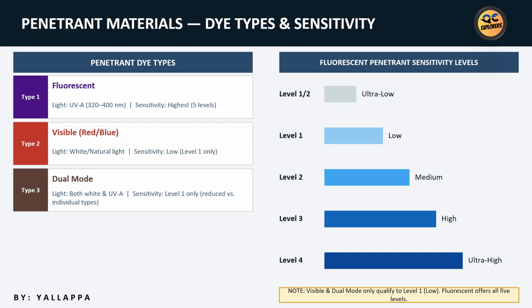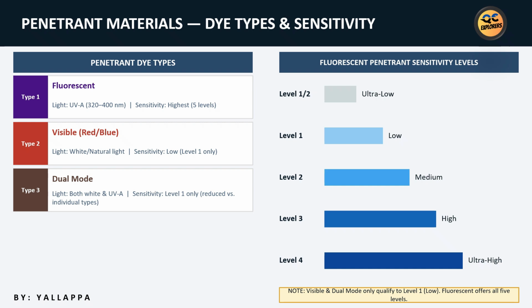Fluorescent penetrants can detect extremely fine discontinuities because the human eye is very sensitive to yellowish-green fluorescence under dark conditions. Now, fluorescent penetrants are available in multiple sensitivity levels, from ultra-low all the way up to ultra-high sensitivity. And this becomes very important when selecting penetrant systems for aerospace or critical inspection applications.